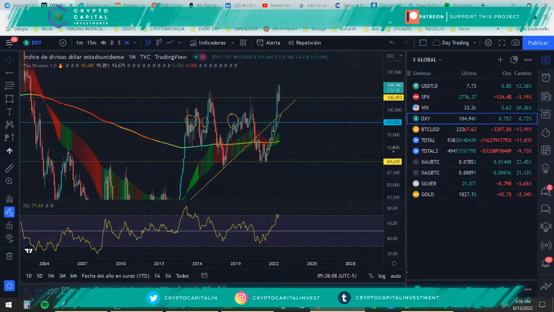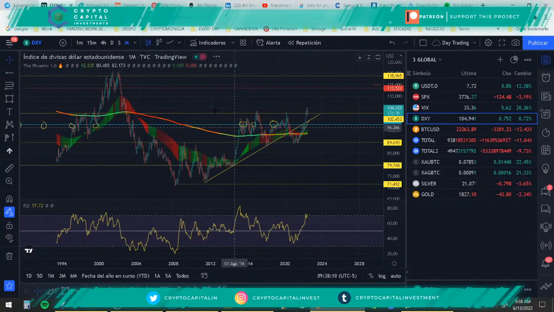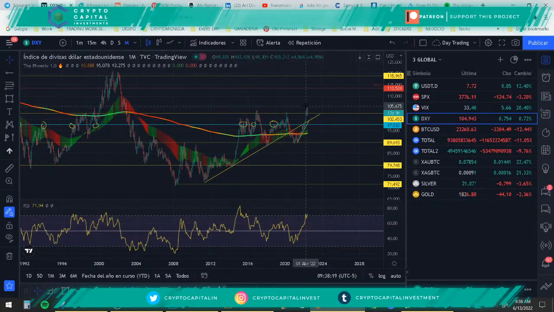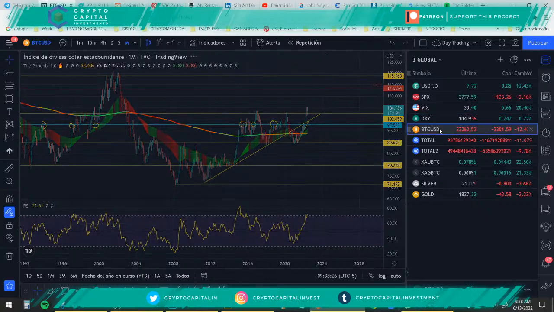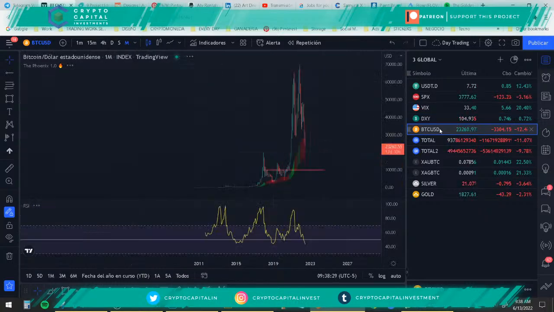As you can see, we had a lot of support and resistance from here, but there's a divergence right now in the monthly with the dollar. So things are not going to look good for the dollar. That's where Bitcoin's going to take over, and it's going to be like, hey, relax, I got this.